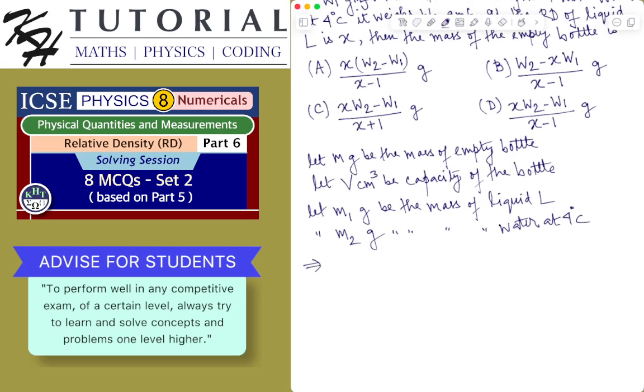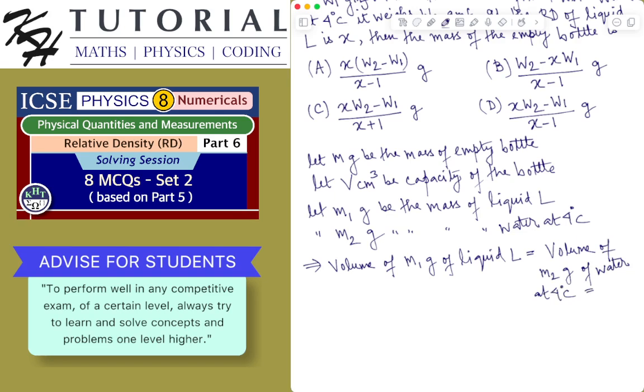So we can clearly say that the volume of m1 gram of liquid L is equal to the volume of m2 gram of water at 4 degrees centigrade, which is equal to, we have assumed to be V centimeter cube.